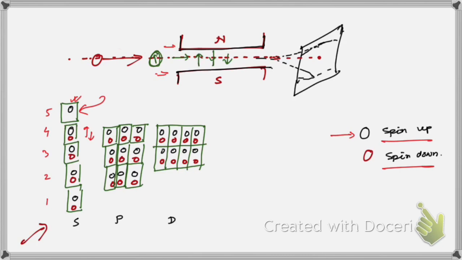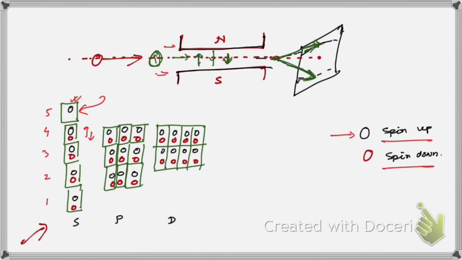Depending on the orientation, along the field or opposite to it, the atom will be deflected in the upward or downward direction. So this experiment shows the existence of electron spin. That means space quantization is verified.